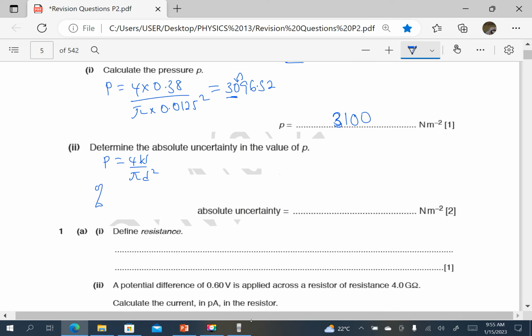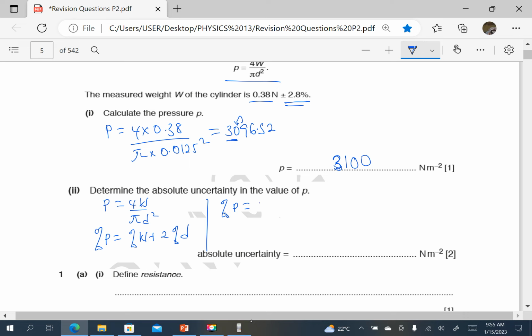So percentage uncertainty in P must be equal to percentage uncertainty in W plus twice percentage uncertainty in D. So I'm substituting. Percentage uncertainty in P will be equal to, for W, that is 2.8%, plus for D, which is 2 times 1.6. And I think that is 3.2 plus 2.8, that is 6.0%.